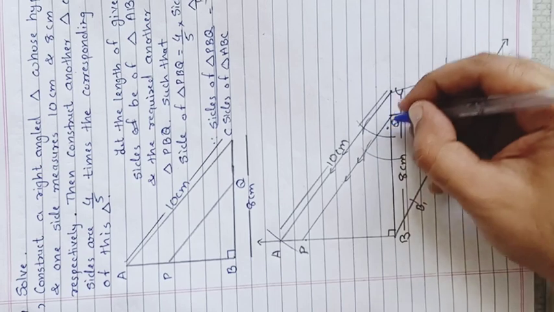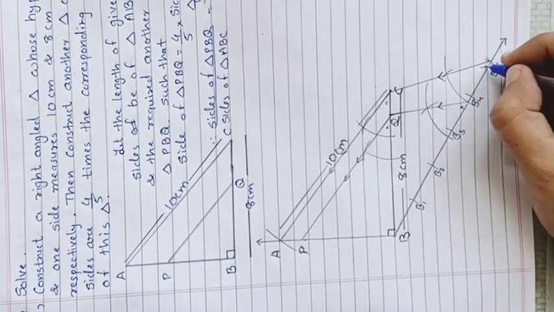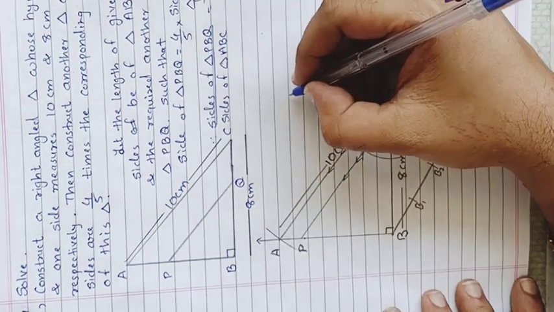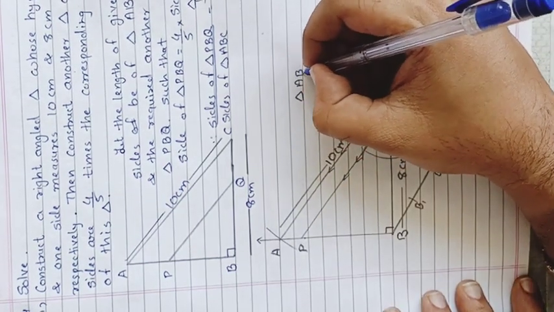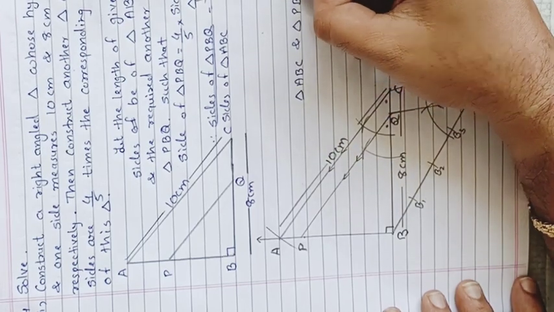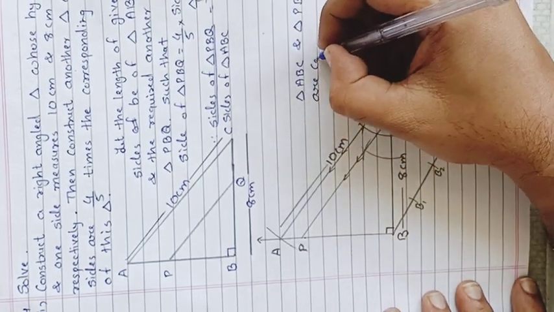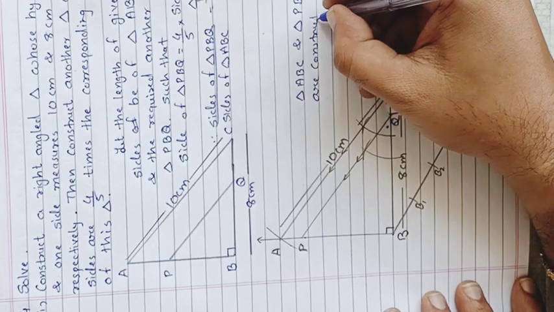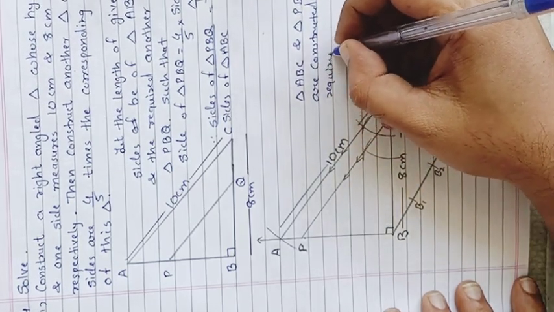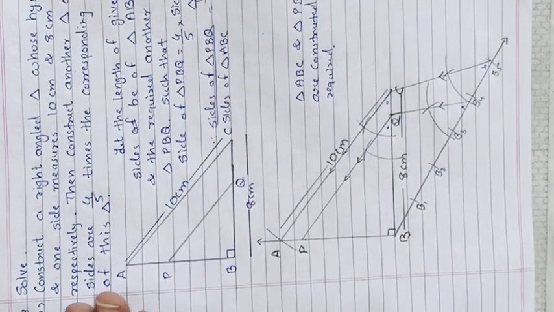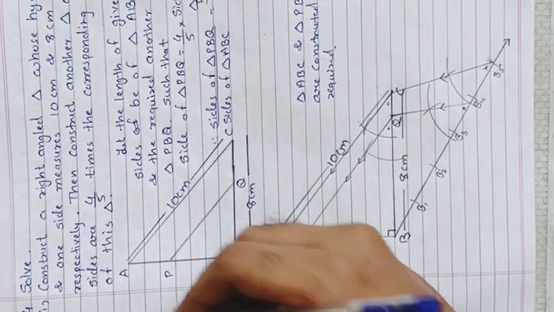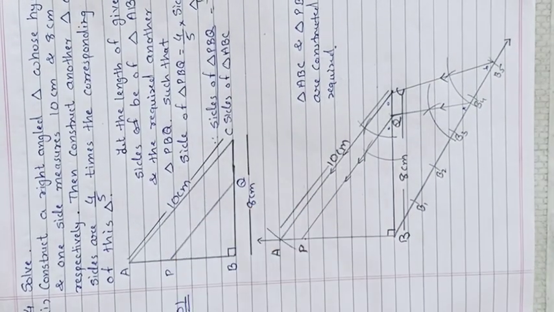Now we can show the marking that these angles are congruent. So finally triangle ABC and triangle PBQ are constructed as required. Now marking. If you have drawn this diagram and written this much, you have to give 1 mark.